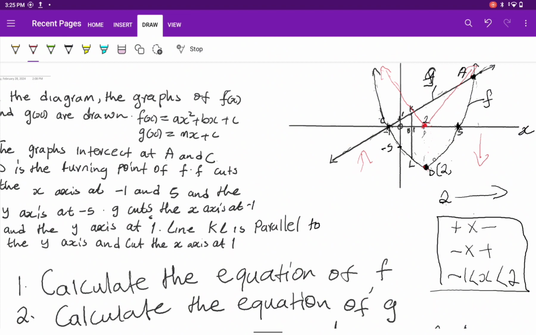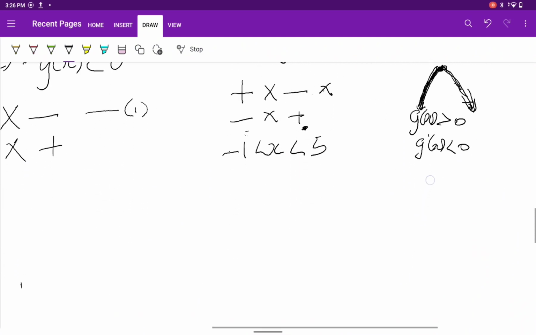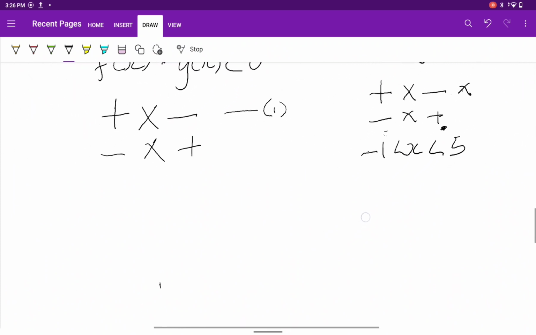So for the transformation, the k value, all we need is to know what the y value is there. So we have to calculate the y value there, so that we push the k value up by the number of the y value that we have there. So we are going to push it up.